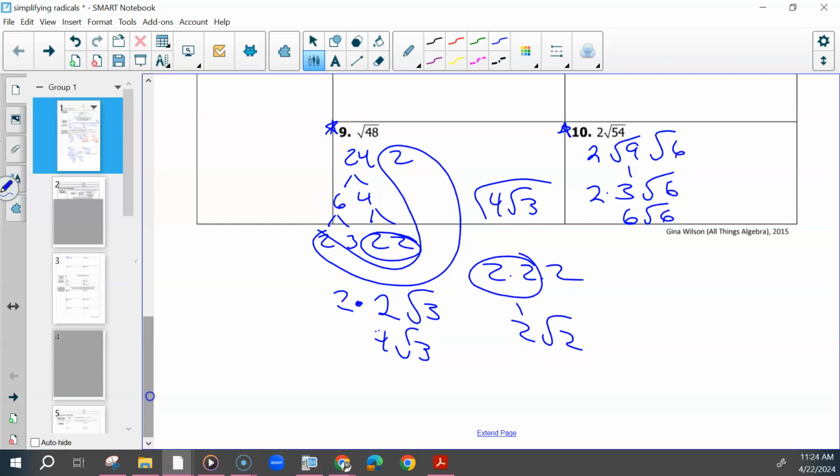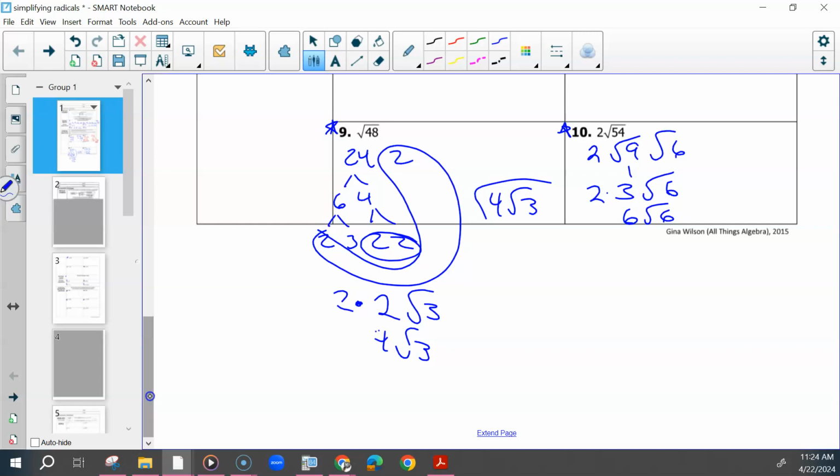So anything that doesn't have a pair stays inside the radical. Anything that has a pair comes outside. The 3 doesn't have a pair, so it has to go inside. It doesn't matter which way you solve it. You should get the same answer both ways. Just with this one, you may easily lose a number, so be careful.